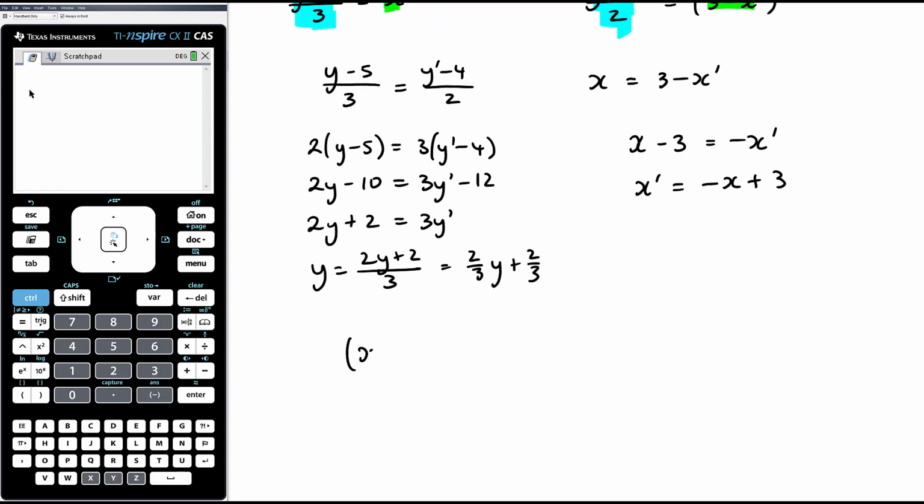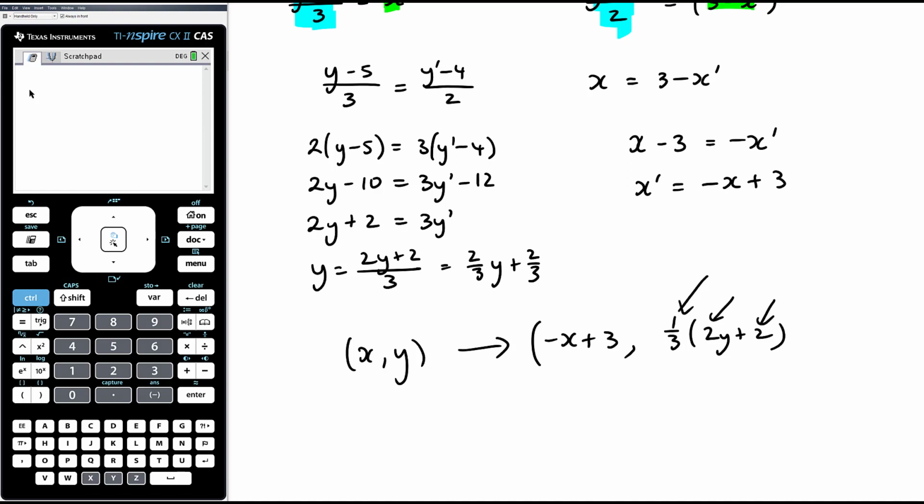So (x, y) becomes the image of x, which is negative x plus 3, and the image of y, which is, now personally I'm going to go with this version. If you use the other one, you can, but when you're going to describe these transformations, you've got a dilation from the x-axis by a factor of 2, then a translation up by 2, and then another dilation from the x-axis by a factor of 3.